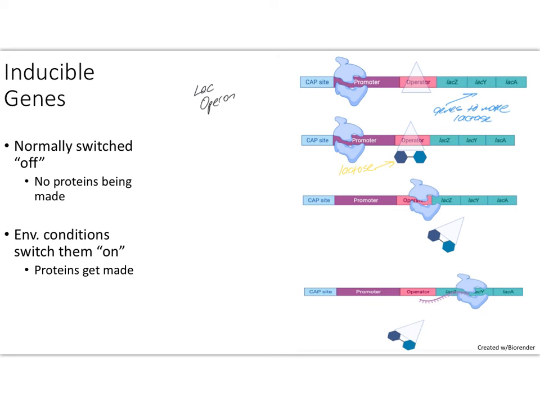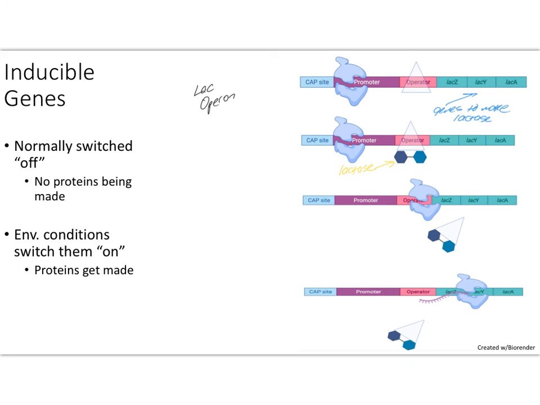Most of the time these bacteria are in an environment where this sugar is not present, and if it were to make this lactase, this enzyme, when lactose is not present, then that's a waste of energy and a waste of raw materials. However, if lactose is present, then it is very useful to create this enzyme called lactase because lactose is a good source of energy to make ATP.